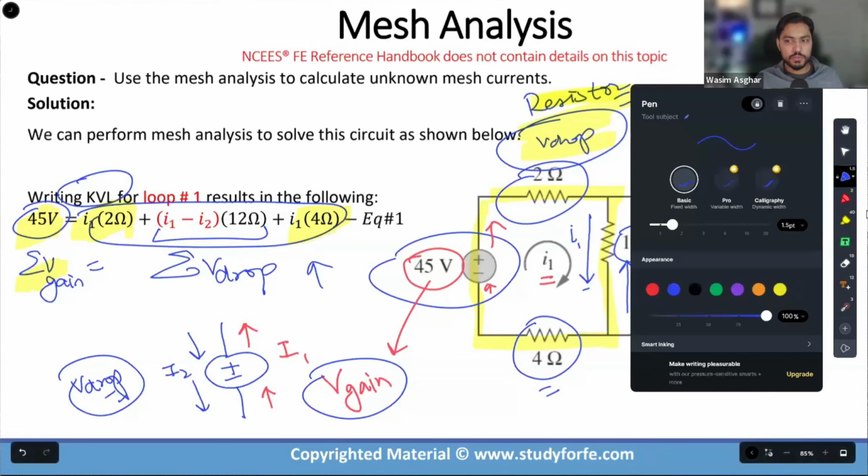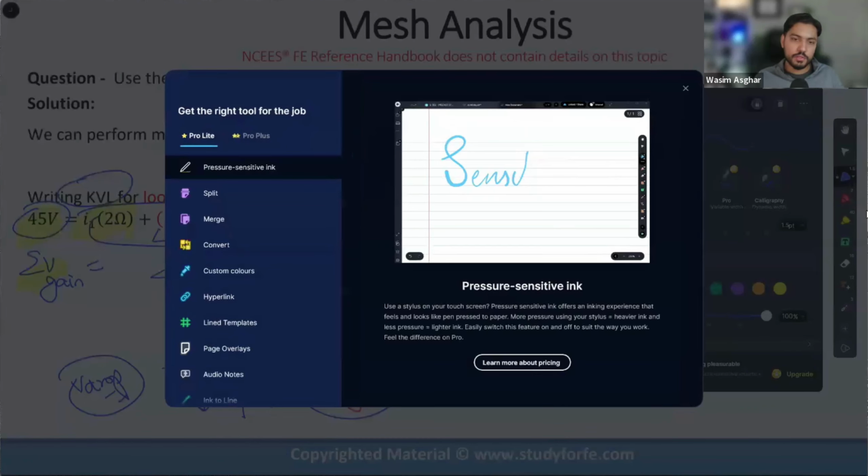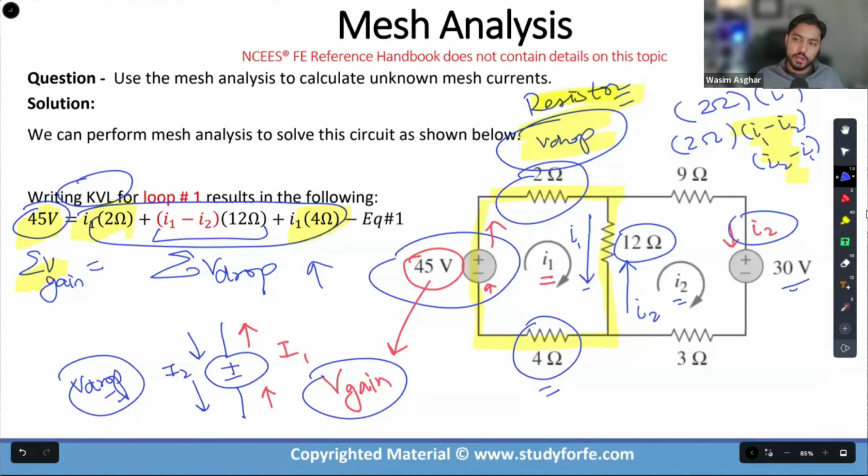One is going to use the I1 minus I2 approach, right? And the other one is the I2 minus I1 approach. And only one of them is right. So technically, if you don't have a solid understanding, you're reducing chances of scoring a point on this question by 50% while you're doing KVL for loop number 1.